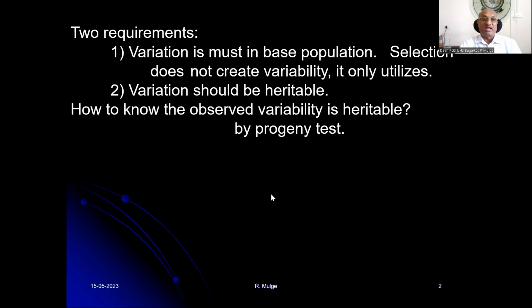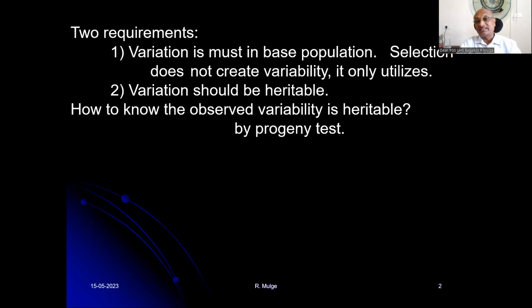For the improvement, how to know whether the observed variability is heritable or not? For example, some good plant you see is a very high yielding one. If we collect the seeds and put it in the next generation, and it is not doing well, what does it mean? That means it is because of that environment factor, or that soil or fertility, or watering was given well to that plant, and it is performing well.